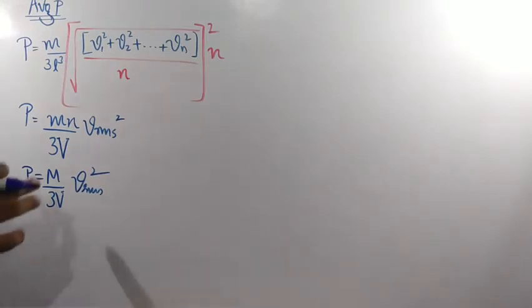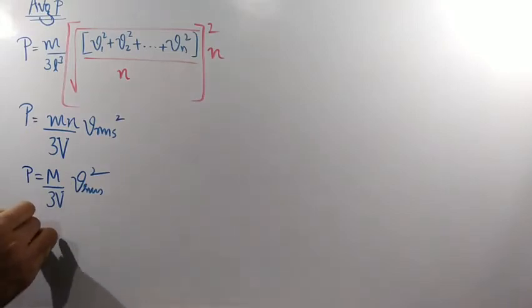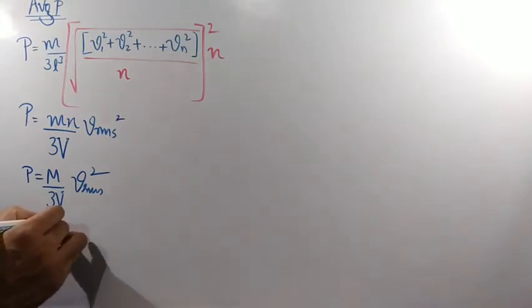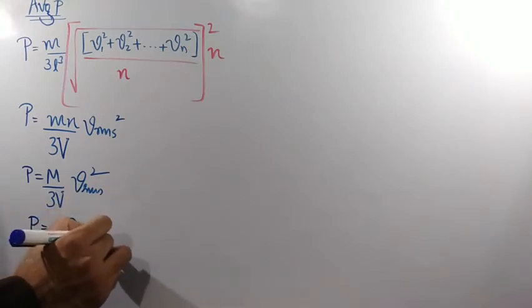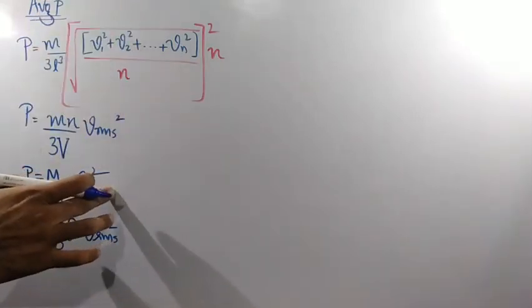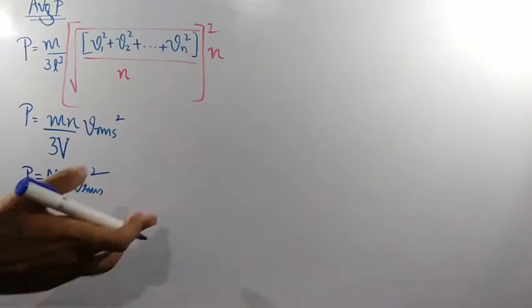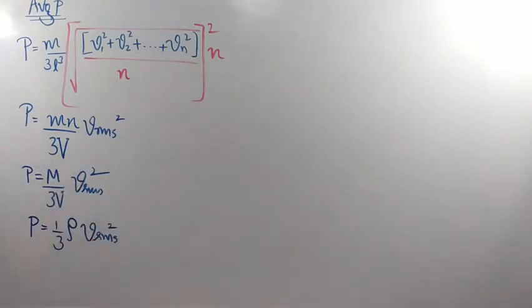Shall we go to the next step now? Listen. Mass by volume is nothing but density. So P is equal to, mass by volume is density, 1 by 3 remains here, 1 by 3 rho VRMS square. This is also a correct equation.